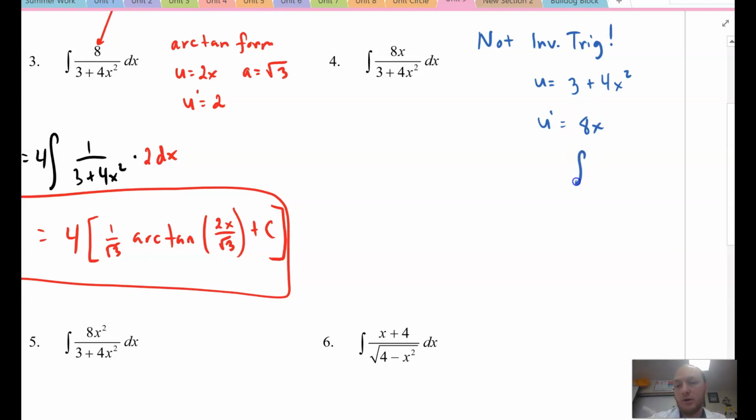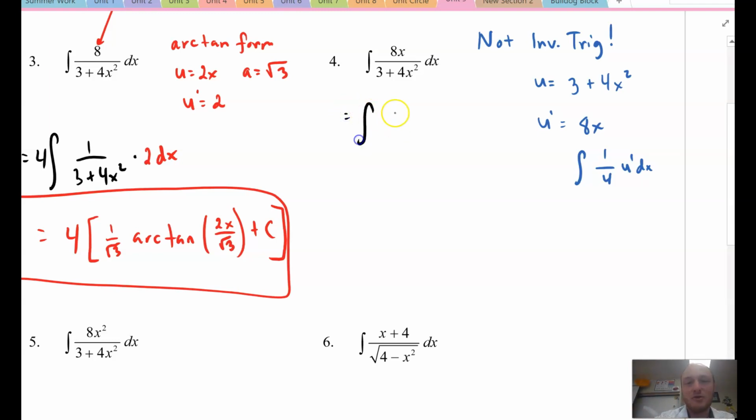So really what you're looking at, and don't freak out, we're not going to do u substitution, but it helps to see it, is a 1 over u times u prime dx situation, which is natural log. This is natural log. So just to help you kind of see it, I'm going to rewrite this.